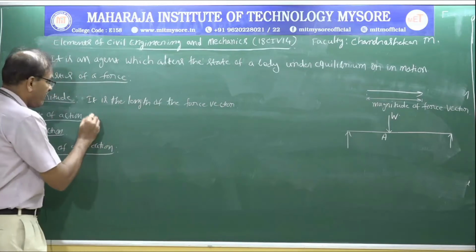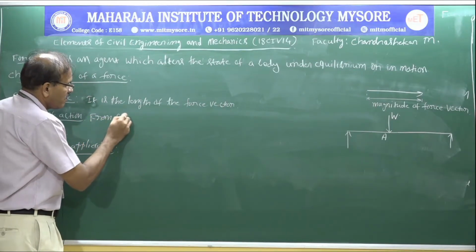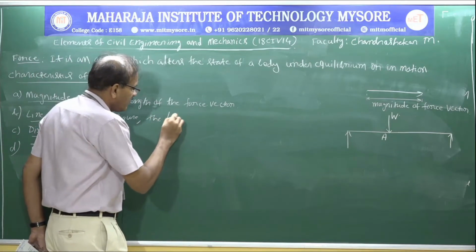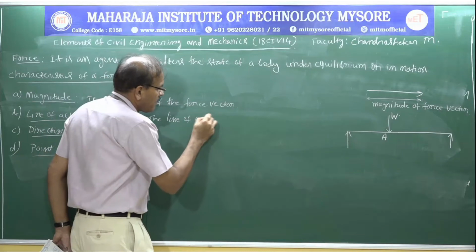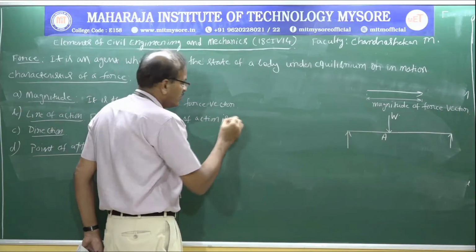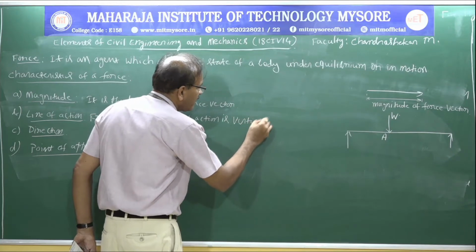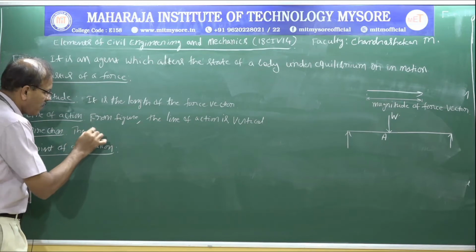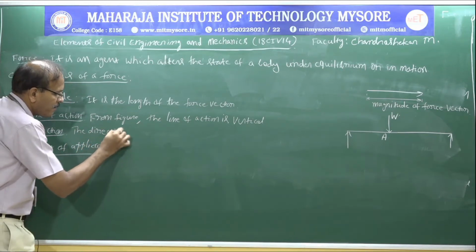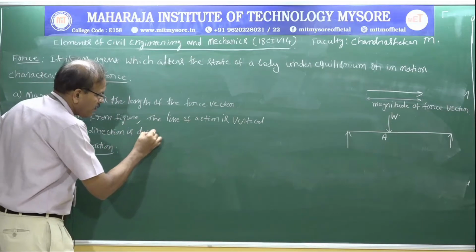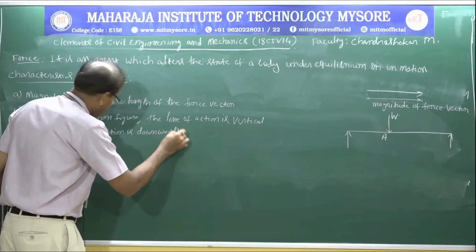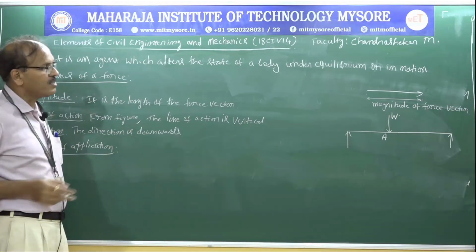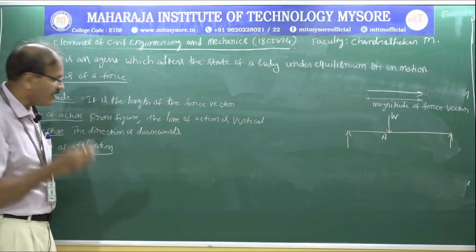So from the figure, the line of action is vertical and the direction is downwards. And the point of application, that is the point at which the force is acting, is at A.